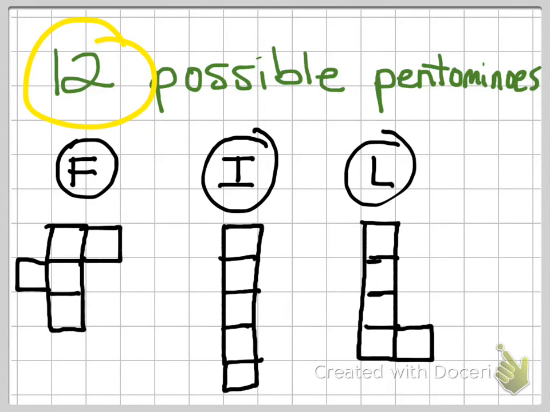Okay, as we continue, I want to let you know that there are 12 possible pentominos. And if you look closely, they resemble the shape that they identify these pentominos as, okay? And so we have here F, and I will highlight as we go over them, the shape F. And then we have I, and we have the shape L here.